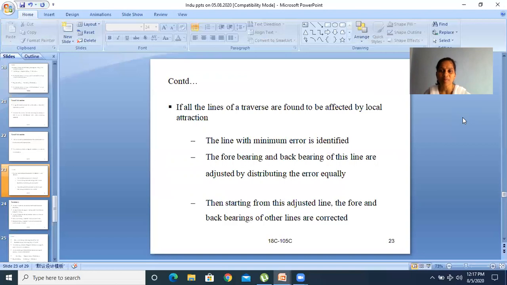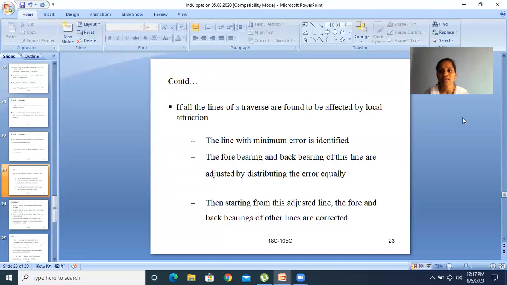The line with minimum error is identified, and the forebearing and backbearing of this line are adjusted by distributing the error equally. Then, starting from this adjusted line, the forebearings and backbearings of the other lines are corrected.